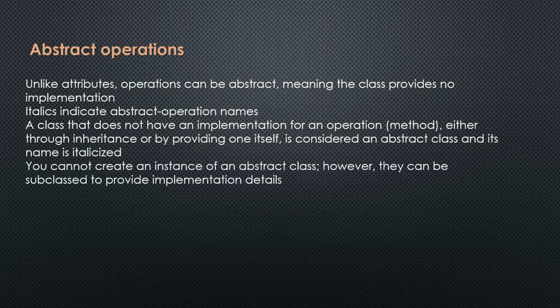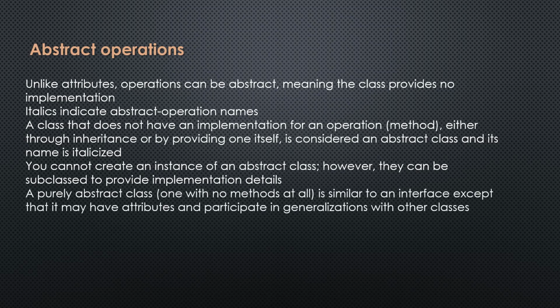You cannot create an instance of an abstract class. However, they can be subclassed to provide implementation details. A purely abstract class, one with no attributes at all, is similar to an interface, except that it may have attributes and participate in generalizations with other classes.